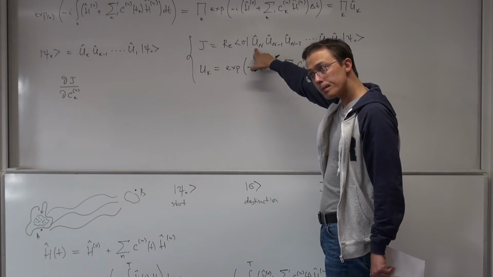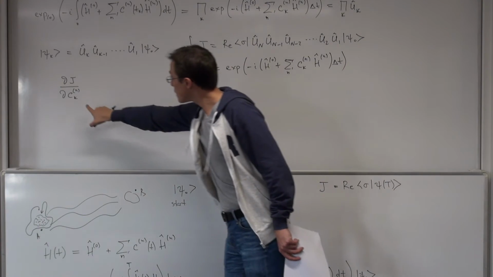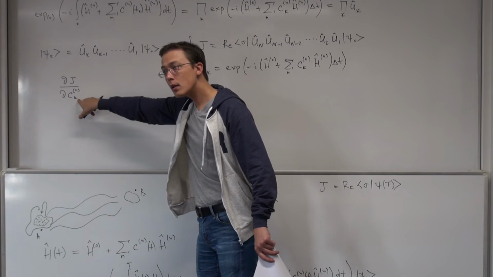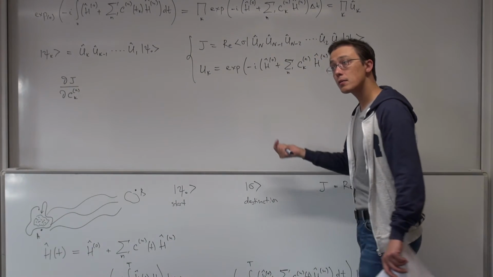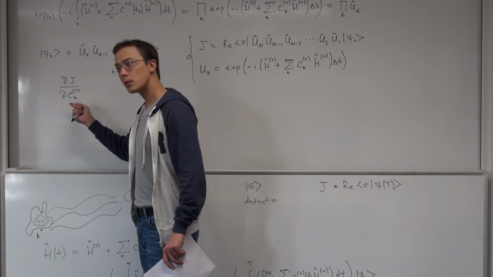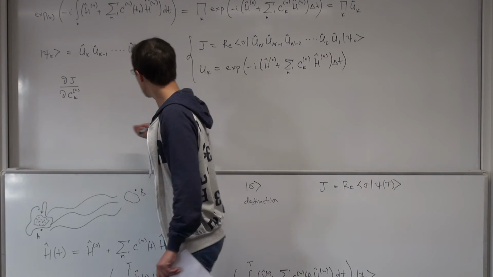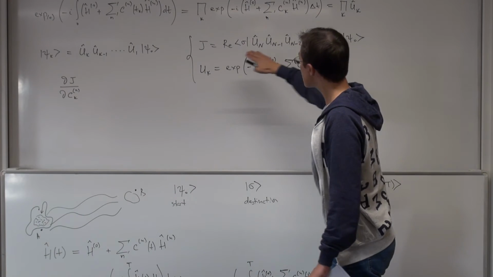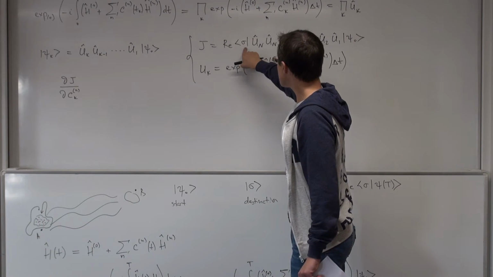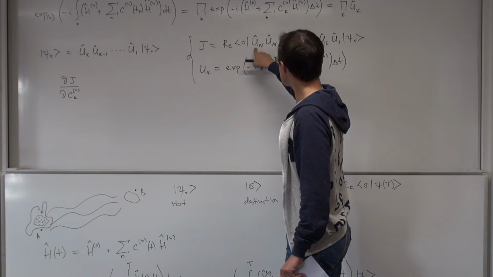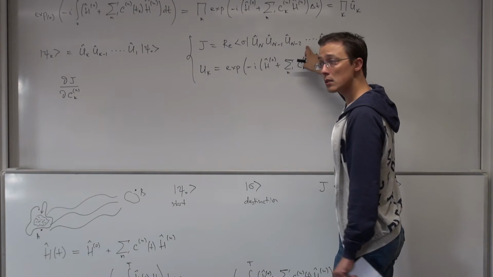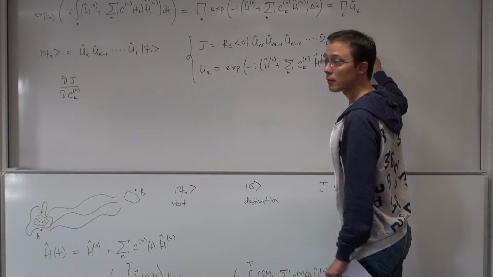These ones do not. This one depends on c_n, this one depends on c_n minus 1, and so for the purposes of differentiation, of course, because these individual points in time are independent, they're just constants. And so when we differentiate J with respect to c_k, sigma doesn't depend on it, it's fixed, this doesn't depend on it, this doesn't depend on it, this doesn't depend on it, something in the middle here does, and the rest of it doesn't.